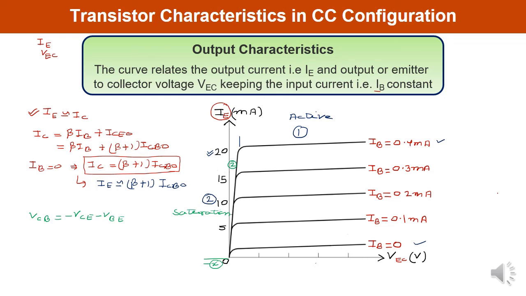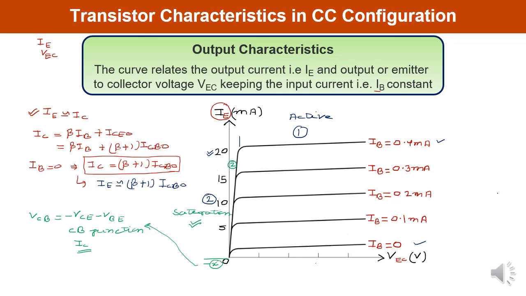So when this value is negative on the x-axis, it will forward bias the collector-base junction. It means the direction of current IC will reverse. Now both the diodes are in forward bias, and this will be the saturation region.